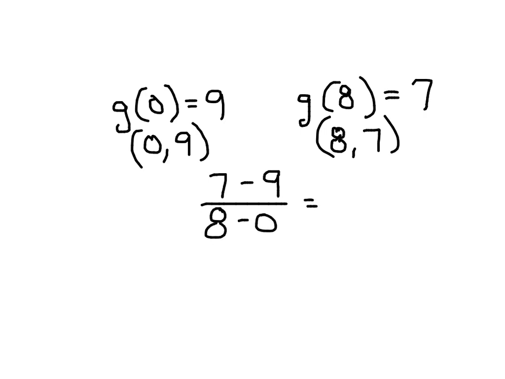All right, on the top, what is 7 minus 9? -2. Nice job. On the bottom, what's 8 minus 0? 8. Now, be careful. Do not get this wrong. Think before you speak. -2 divided by 8 is what? 4. Nope. Good try.